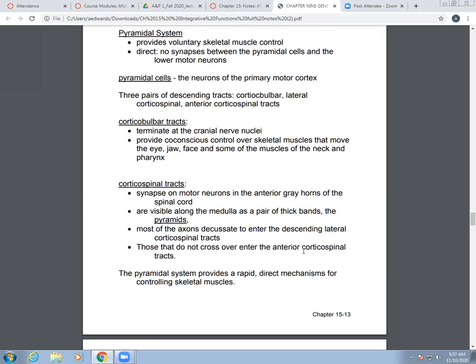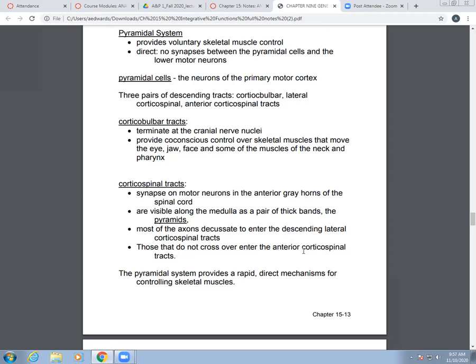These are going to be visible along the medulla as a pair of thick ridges, called pyramids. Most of the axons are going to decussate, or cross over, to enter your descending lateral corticospinal tracts.